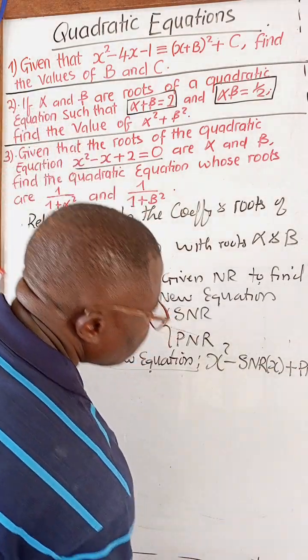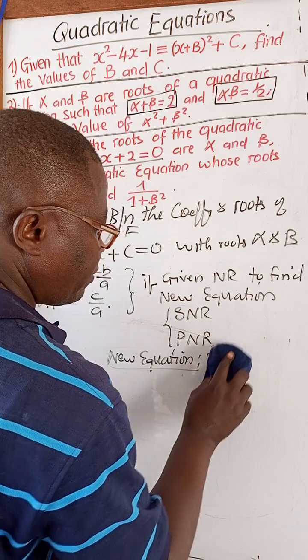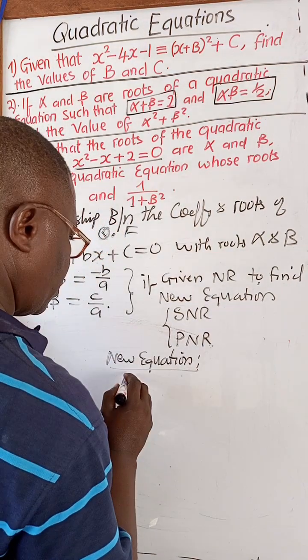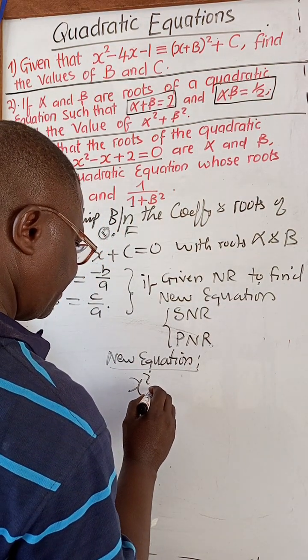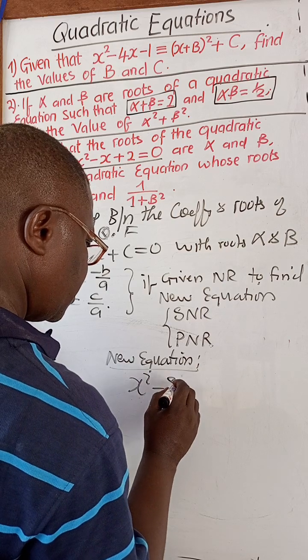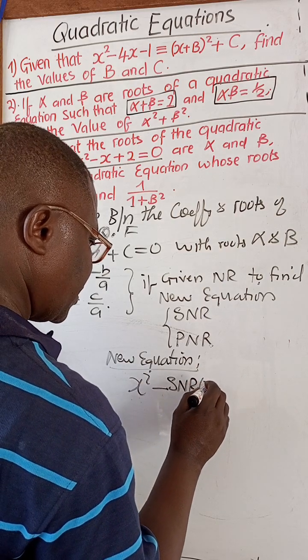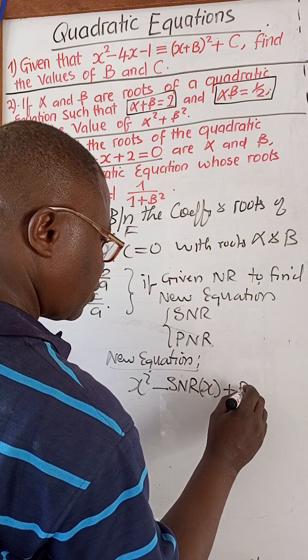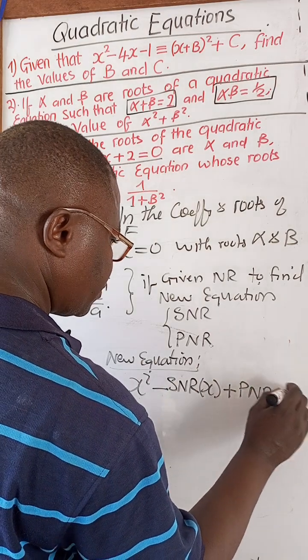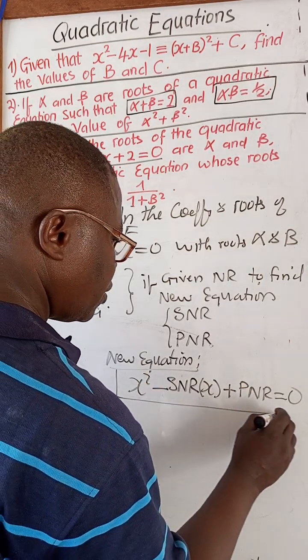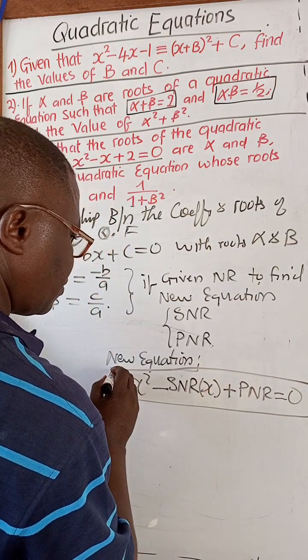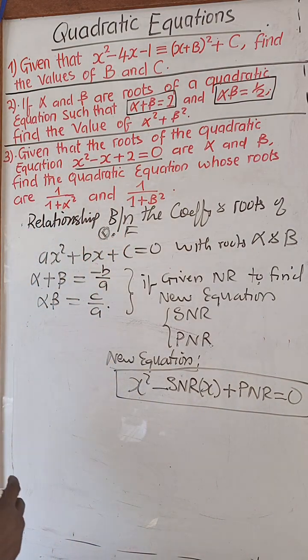Let's write it very well so that it will be clear for everyone to see. So the new equation will be x squared minus sum of new roots multiplied to x plus product of new roots equals 0. This is the nature of the quadratic equation.